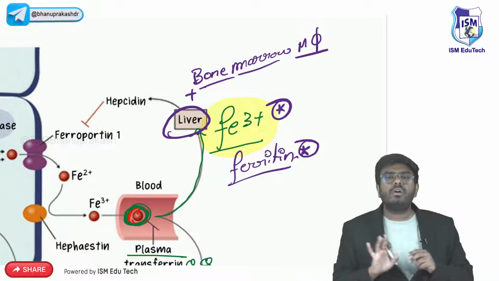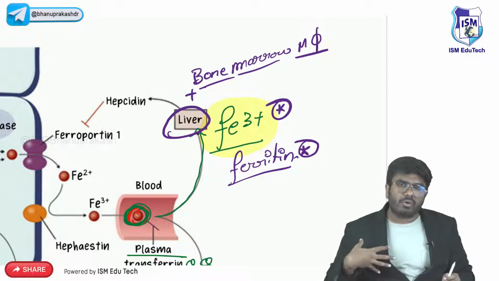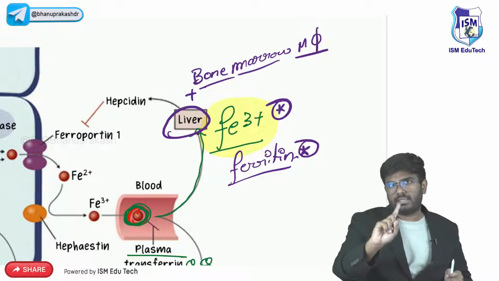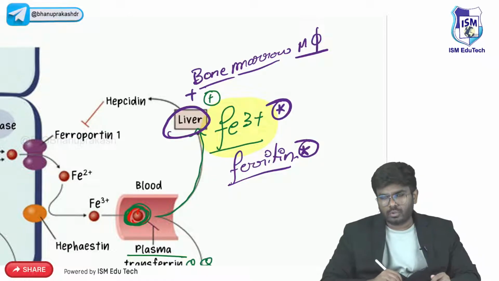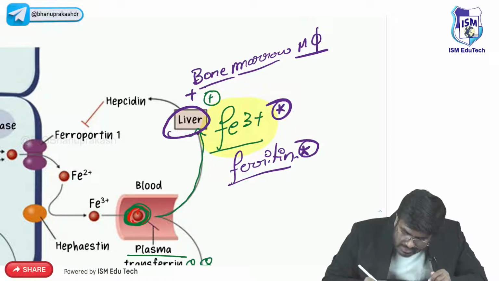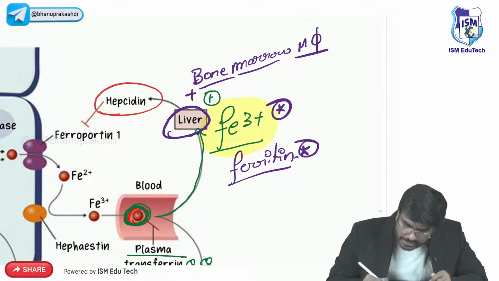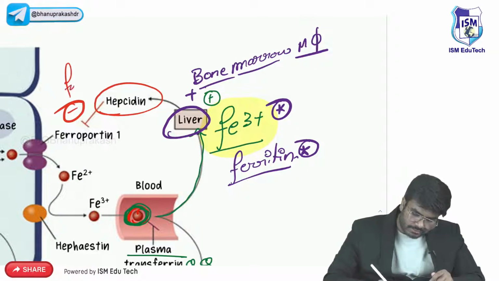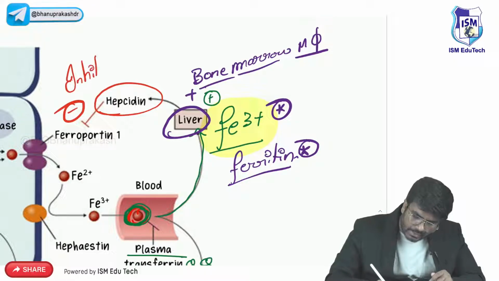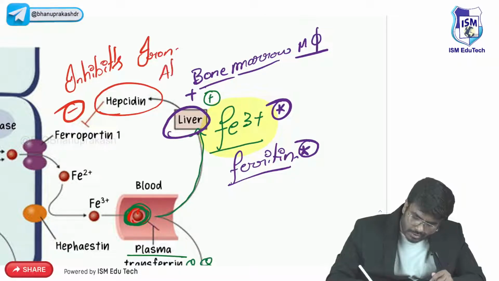So when you already have enough iron, you should not absorb any more. That's why whenever you have sufficient iron stores, the liver will produce a molecule called, MCQ, hepcidin. What will it do? It will inhibit iron absorption. Let me write here: hepcidin inhibits iron absorption.